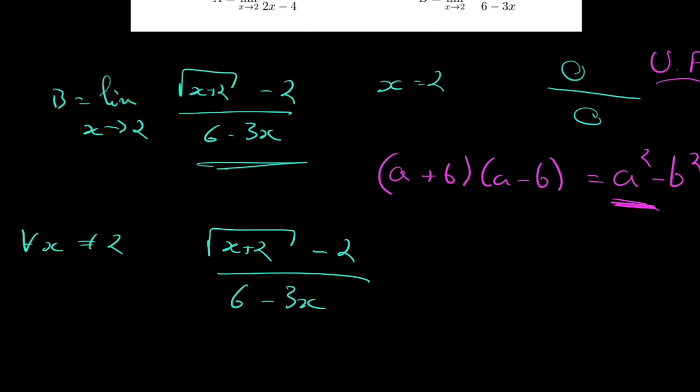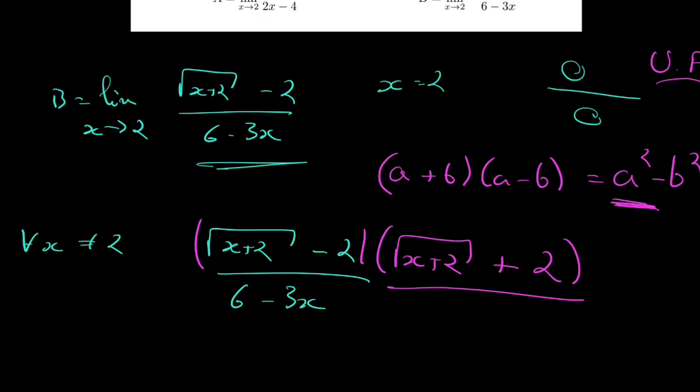And so we will multiply at the top and at the bottom by the complement of this expression, that is square root of x plus 2, but this time plus 2, at the top, and we have to do it at the bottom as well to not change the expression.